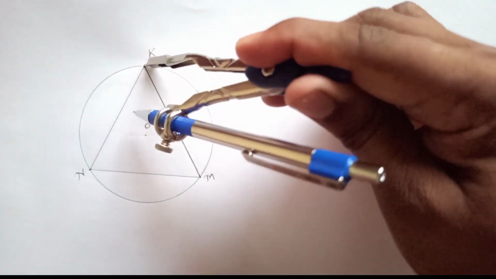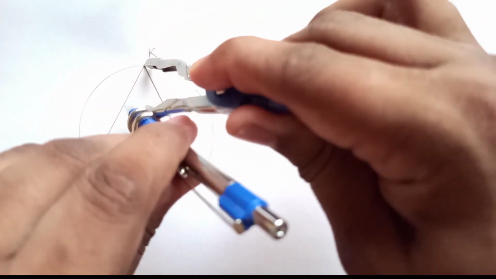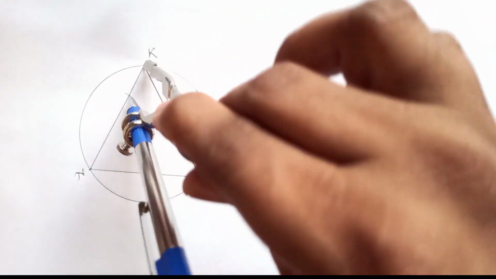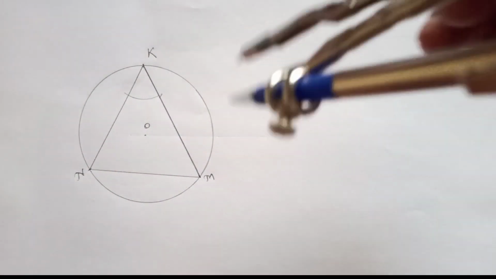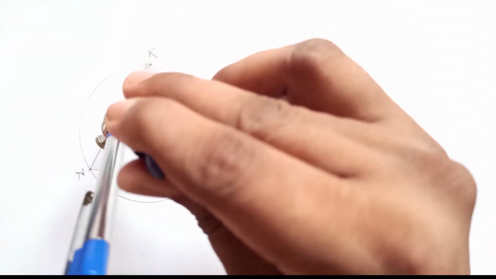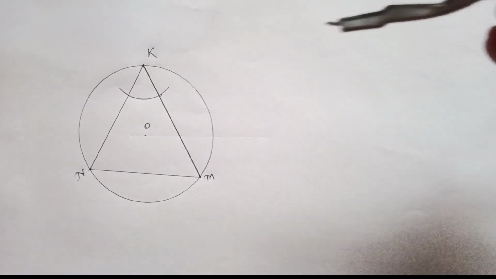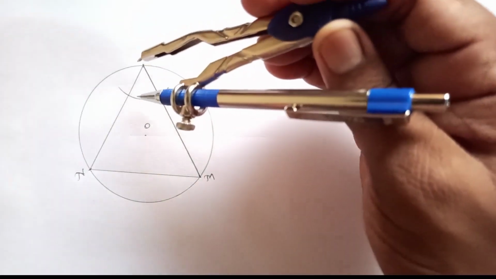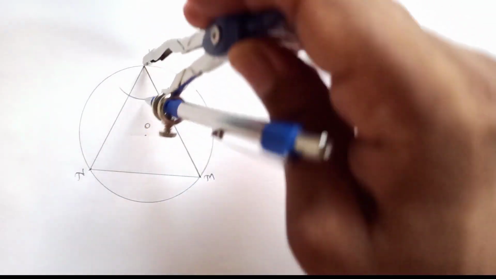Okay, and take a sufficient distance and draw an arc like this. Look at this arc. Okay, this is the first arc. How can we draw it? Hold this compass on a point K and draw this arc.